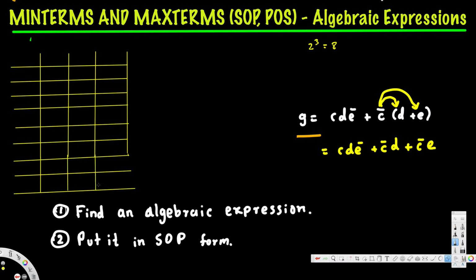So this is our table, and it's also better to illustrate with a diagram. Let's draw the diagram for the given one. C D E bar is in an AND gate.